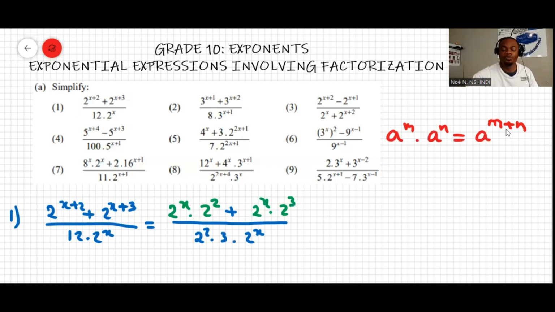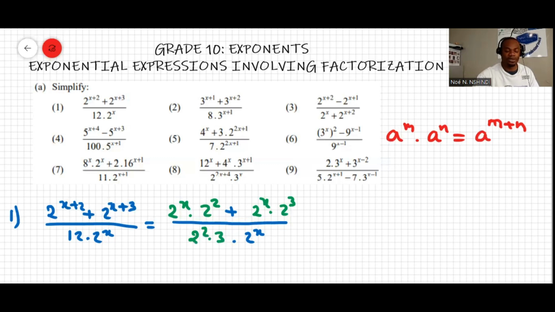So we have this form on the right, 2 to the x plus 2, and we break it up into the form on the left, a to the m times a to the n, so 2 to the x times 2 to the 2. Same also over here. And at the denominator, 12 is not a prime number, so I prefer to write 12 in terms of its prime factors. It is 2 squared times 3.